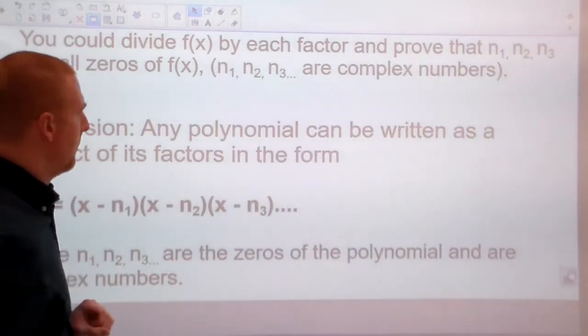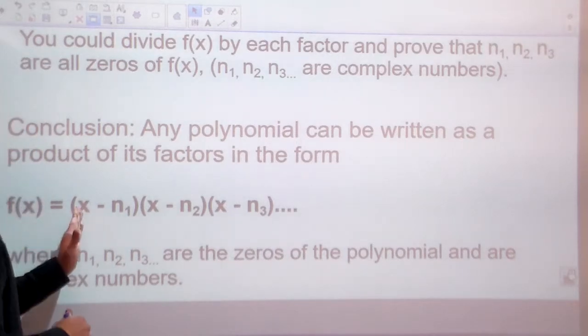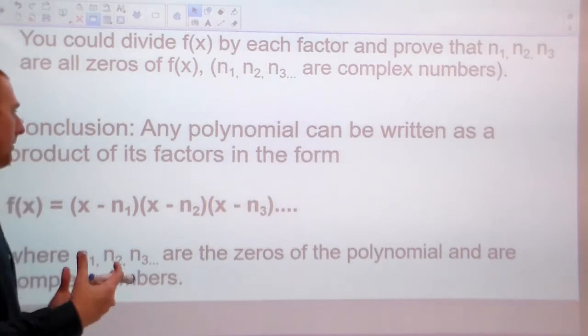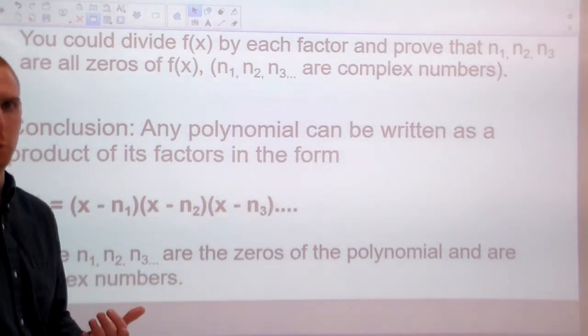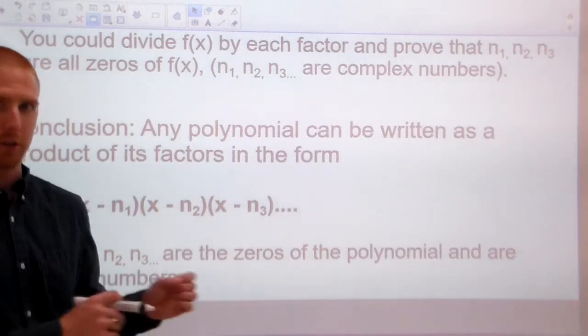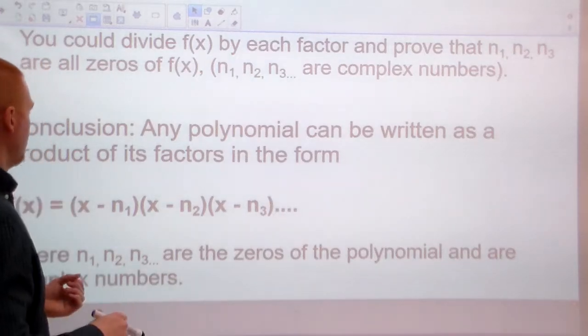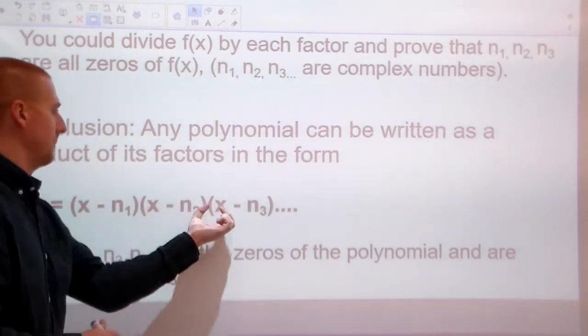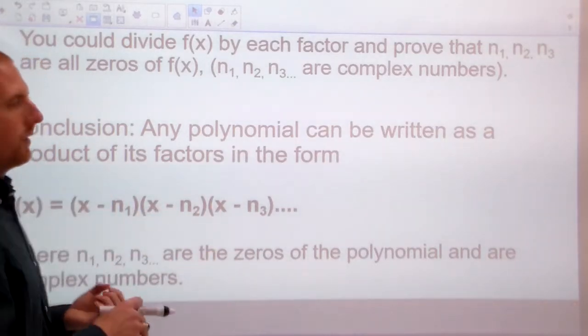One last thing about the fundamental theorem of algebra: think about how many factors you would have for a third degree function, a function that starts with x cubed. It would have 3 separate factors. The reason the degree is the number of solutions is that you would have x times x times x to get x cubed.